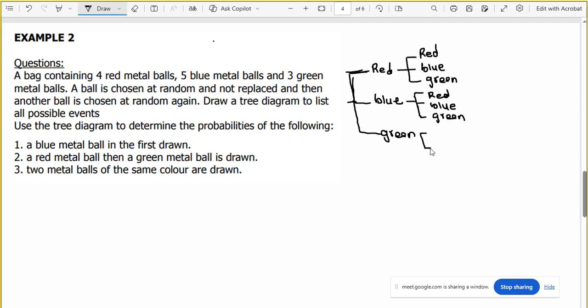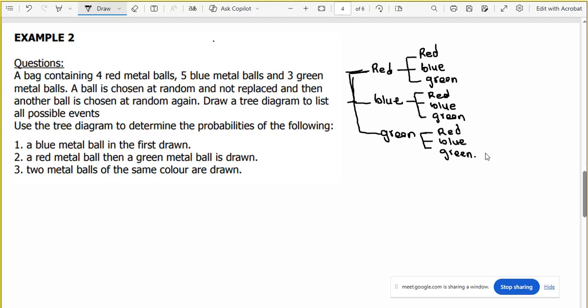Even for the last event, we either get red, blue, or green. So they want us to list the possible outcomes.